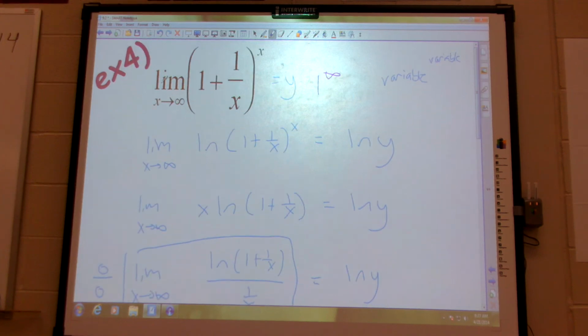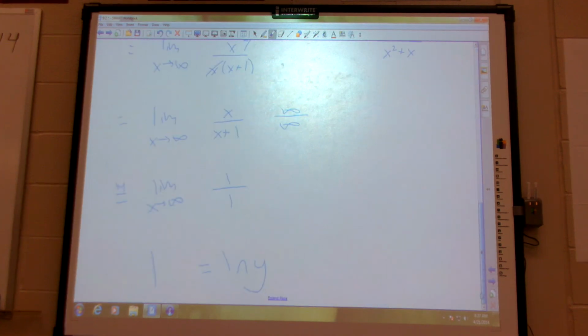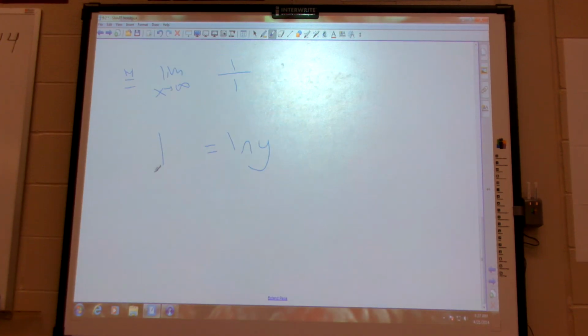That's what we wanted, this whole limit. So you better solve for y. How do I do that? Make it e to the limit. So y equals e, which is my limit. A lot of people do this big long problem perfectly and forget to set it equal to natural log y.